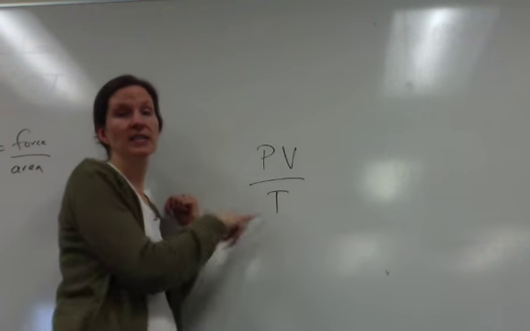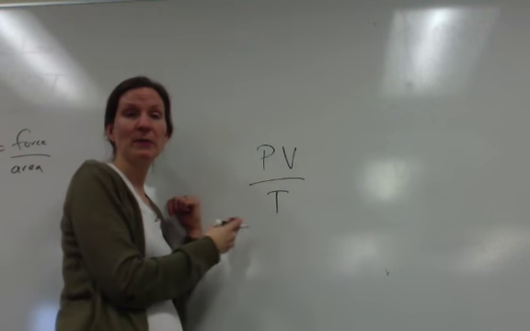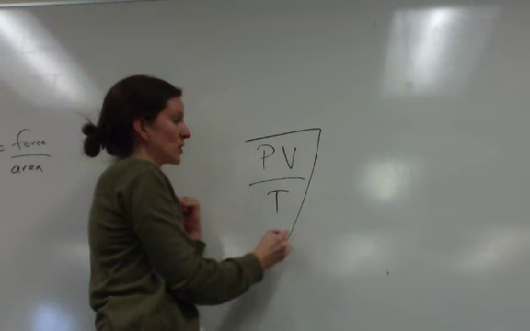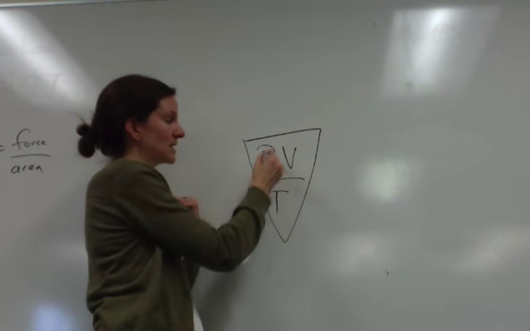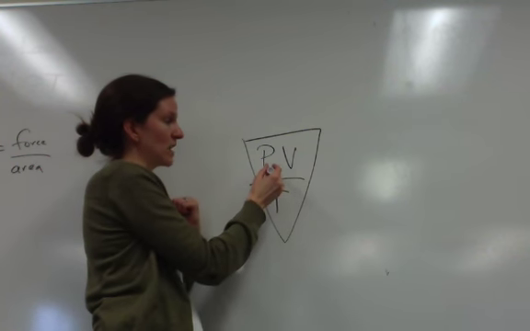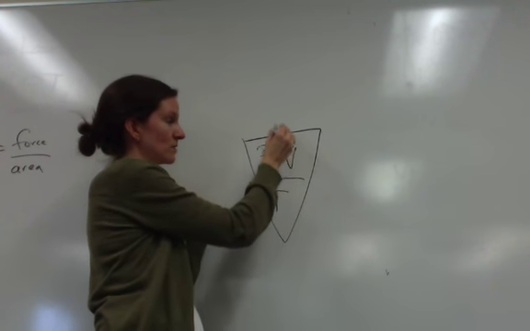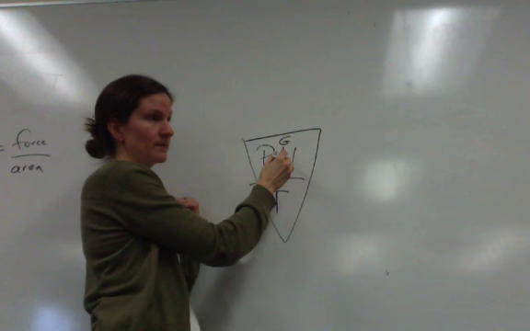In terms of memorizing these relationships, someone came up with this a long time ago, and I love it. If you put these three variables into a triangle, inside the triangle, it goes alphabetical counterclockwise. So if you go counterclockwise, PTV.